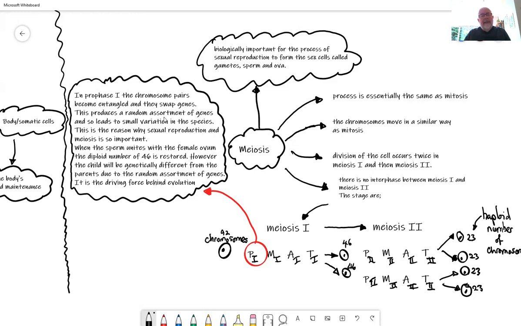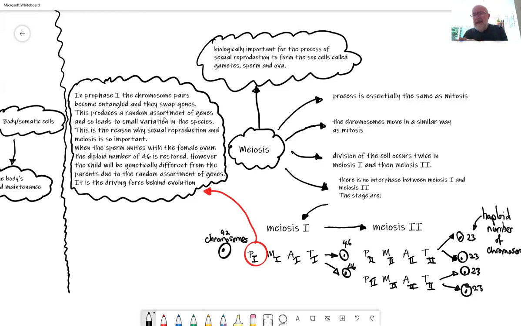That swapping of genes leads to small variation in our species as humans, and anything that reproduces by sexual reproduction, whether it's a dog, a cat, a crocodile, an oak tree, whatever, these small variations are very important.